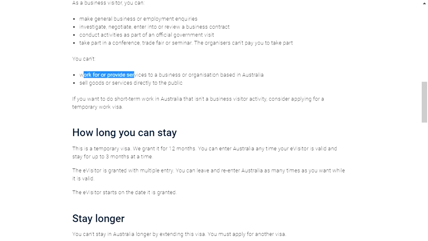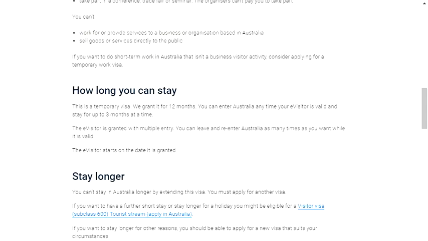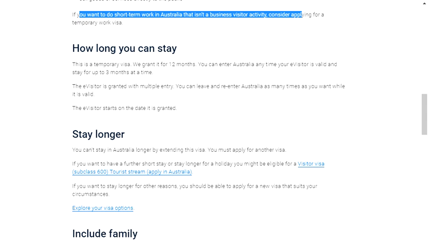You can't work for or provide services to a business or organization based in Australia. This is something I told you in advance, because this is a visitor visa, not a work visa. And you cannot sell goods or services directly to the public. If you want to do short-term work in Australia that isn't a business visitor activity, consider applying for a temporary work visa, of course.